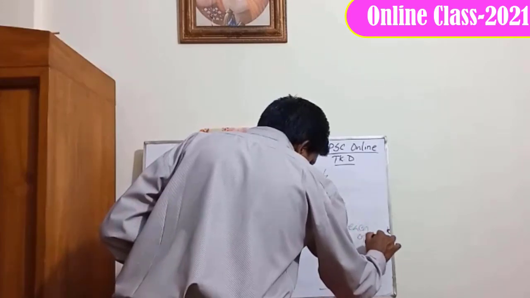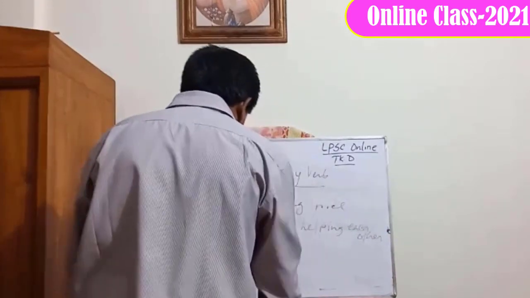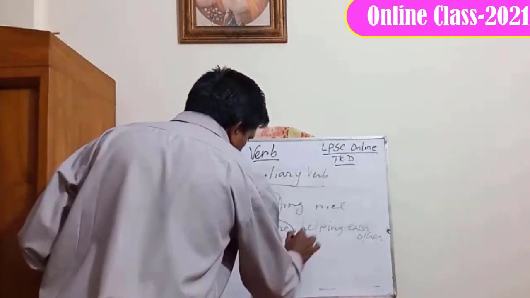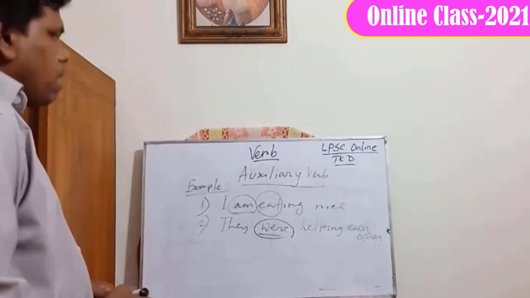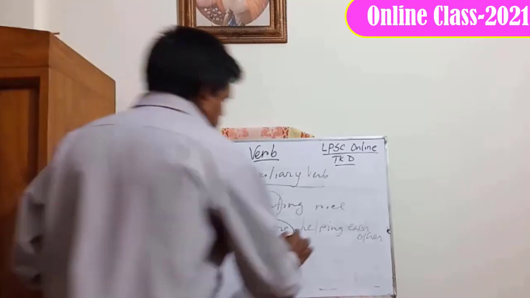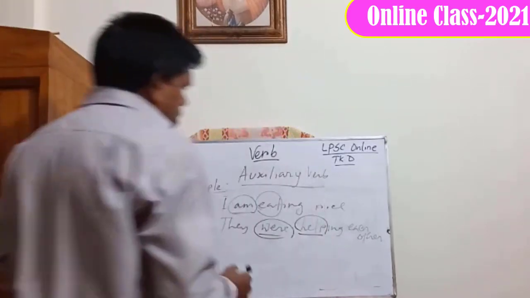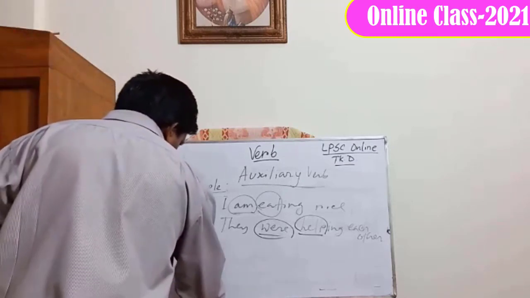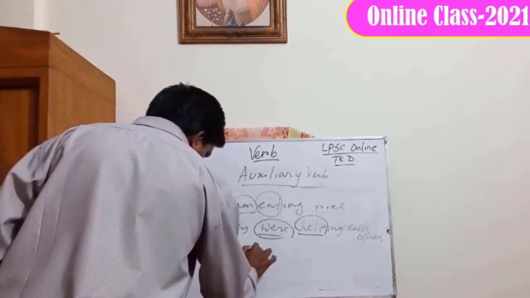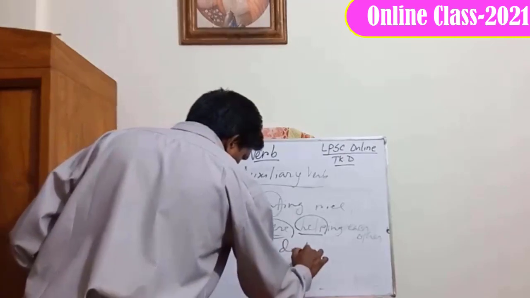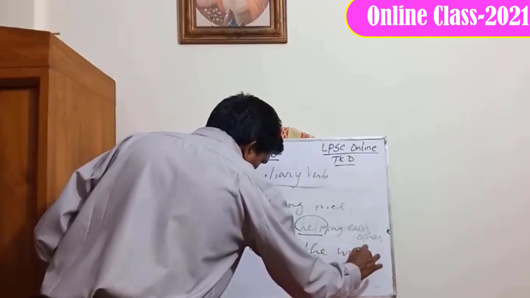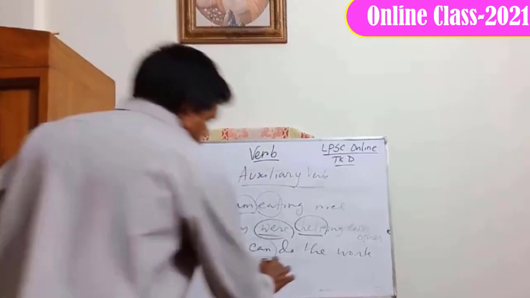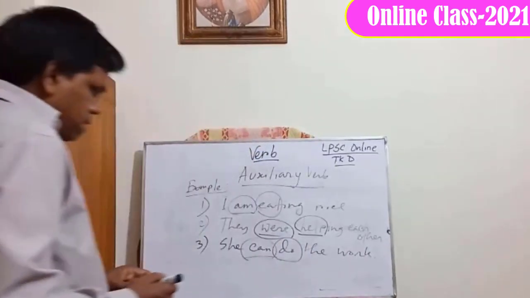Here were is an auxiliary verb, and help is of course a principal verb. And three, she can do the work. Here can is an auxiliary verb, and do is a principal verb.